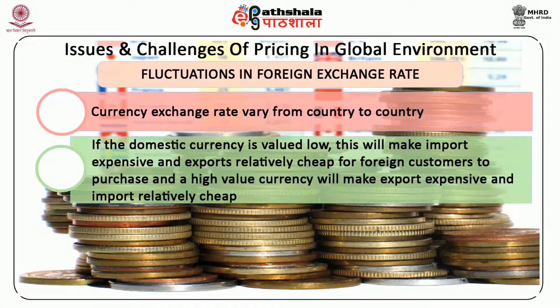If the domestic currency is valued low, this will make imports expensive and exports relatively cheap for foreign customers to purchase, and a high value currency will make exports expensive and imports relatively cheap.